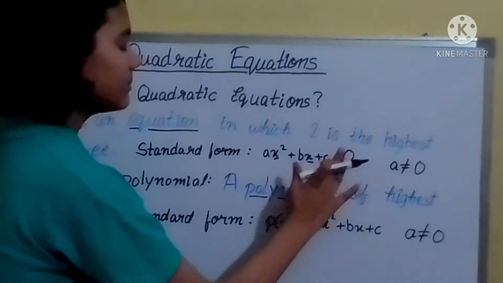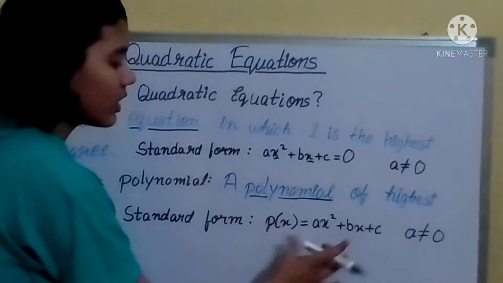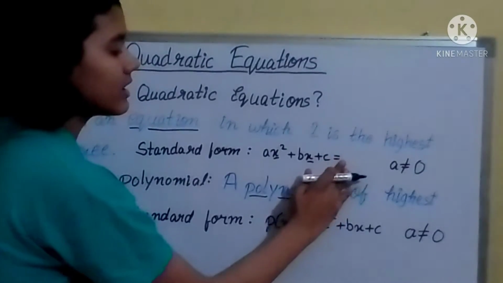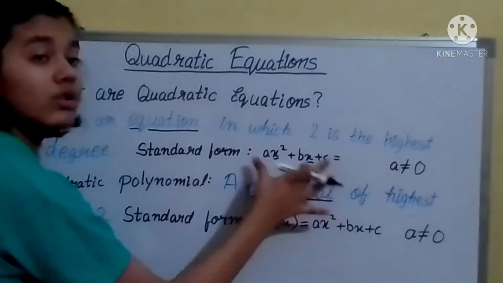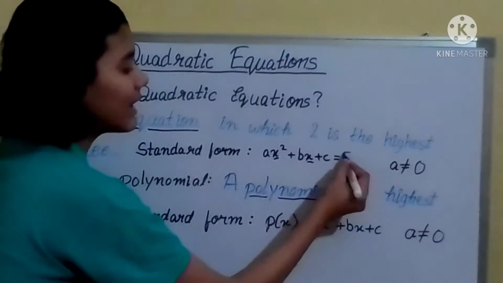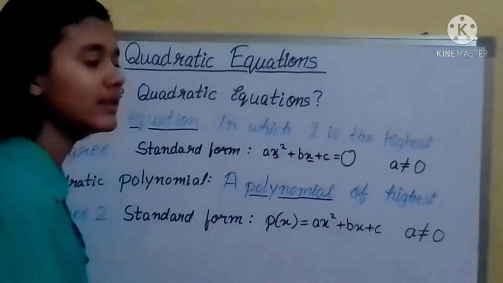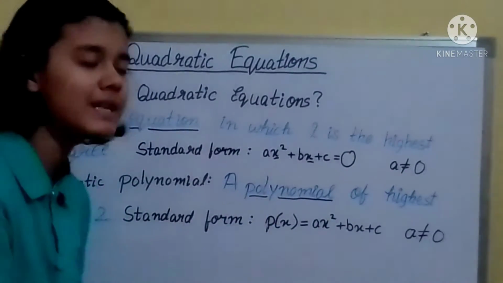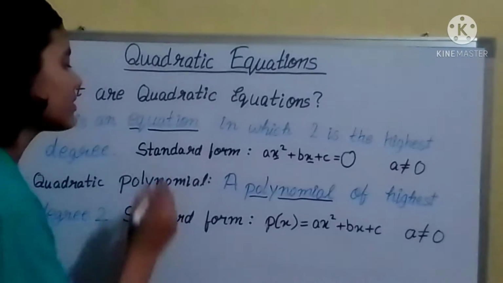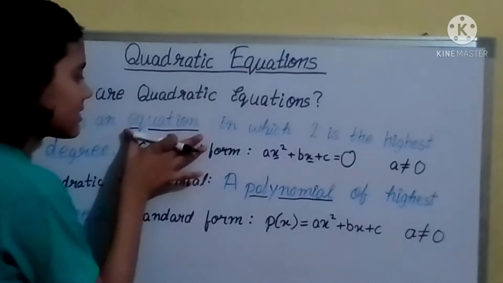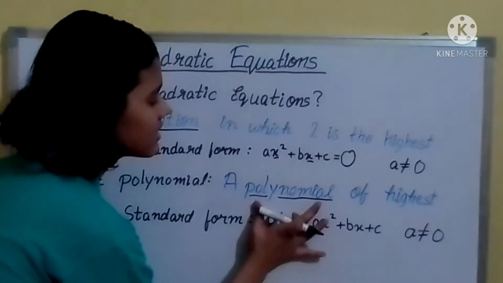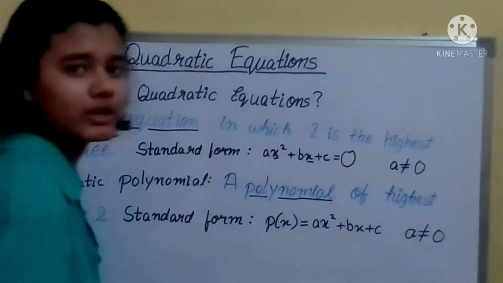If 0 was not written here, then this was also a polynomial, but when we equate it with something, then the polynomial becomes an equation. So the difference is that this is an equation and this is the polynomial.